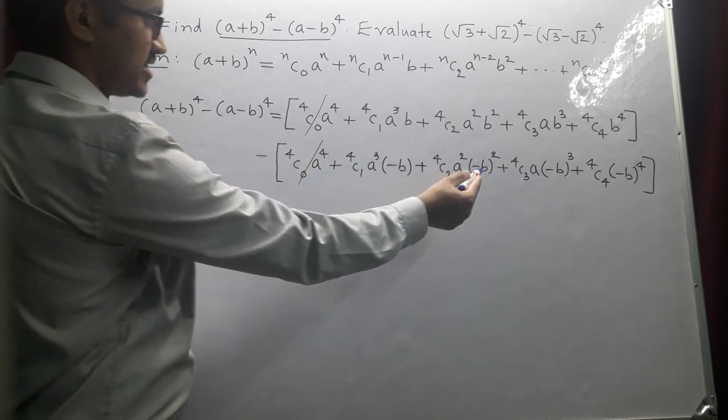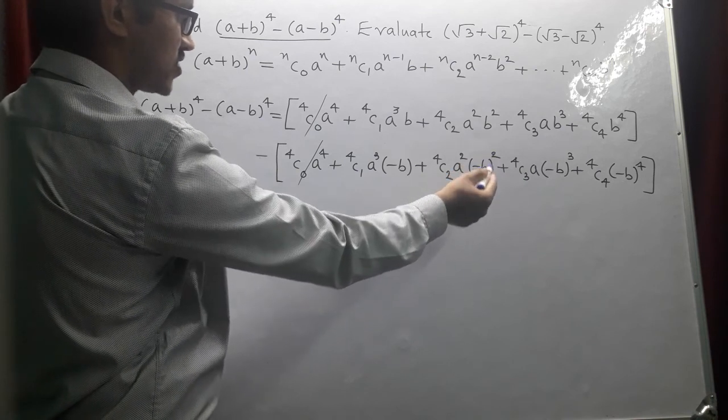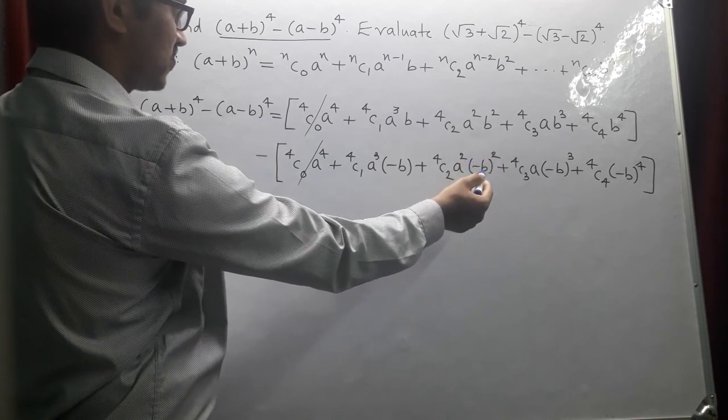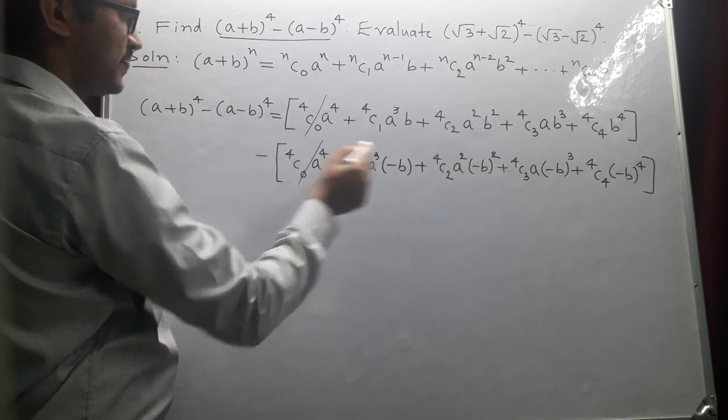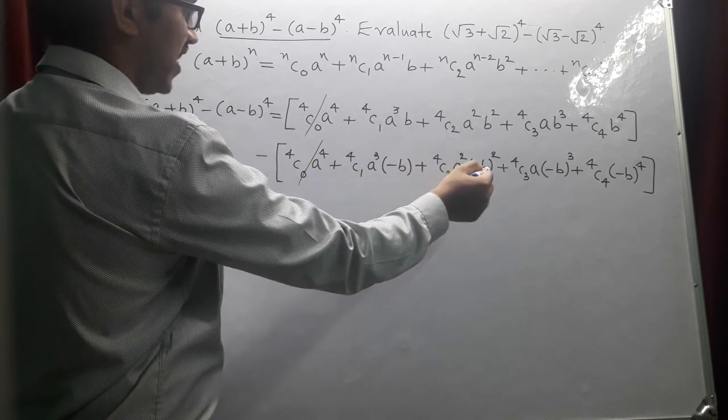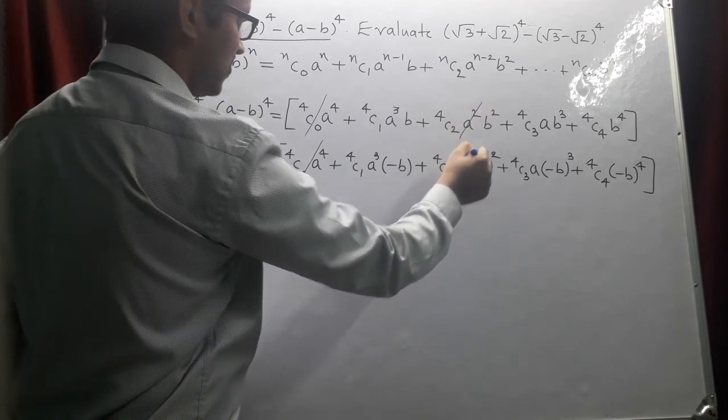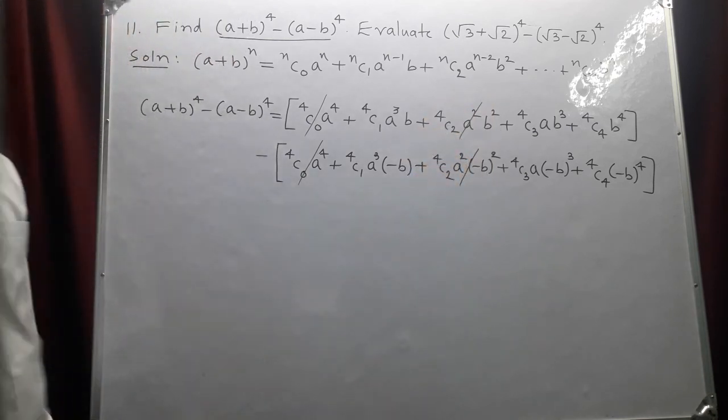In this term, (minus b) whole square is plus b square, so 4c2 a square b square minus 4c2 a square b square, again we can cancel these two terms.